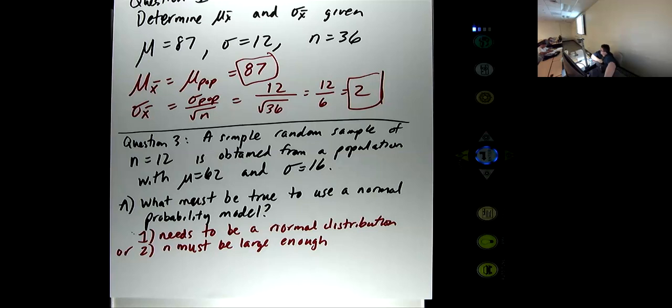Which is funny, because when I did the morning class, they had n equals 42, and 42 met the criteria for n is large enough. They had a different answer than I have here. N is not large enough with n equals 12, so we're going to require a normal distribution. I'll show you the options they give you, so you'll see. But I want you to know that your problem may be different. It may be that n is large enough, because I already know that it asked more than one version of this with different answers.